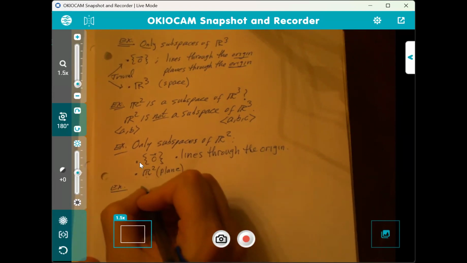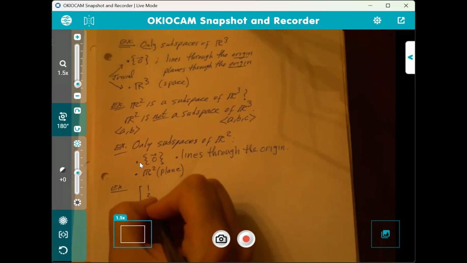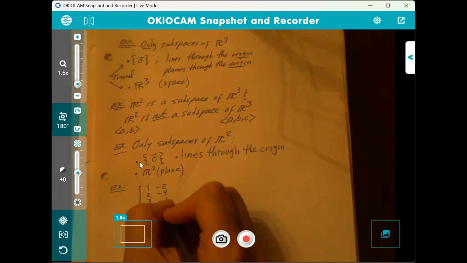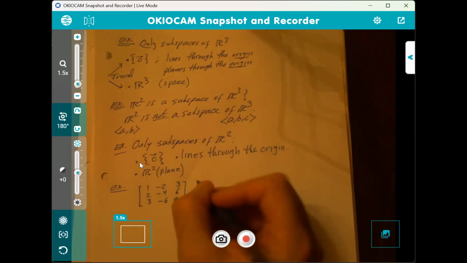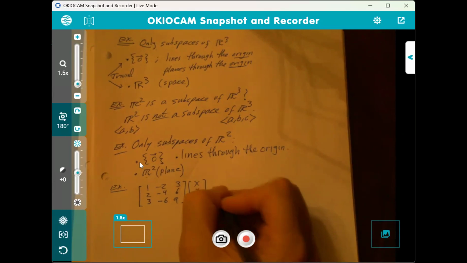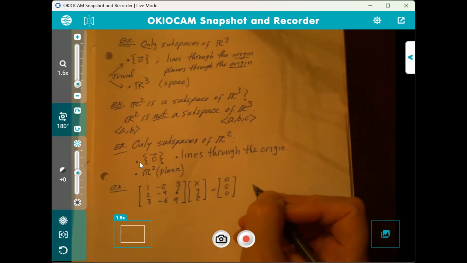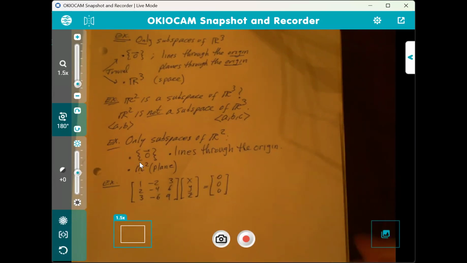Let's say I have a homogeneous system: 1, 2, 3, -2, -4, -6, 3, 6, 9, and here I have x, y, z equals 0, 0, 0. And you will see in a moment how this relates to what we have just done. So this is a homogeneous system, agreed, because it's set equal to 0.